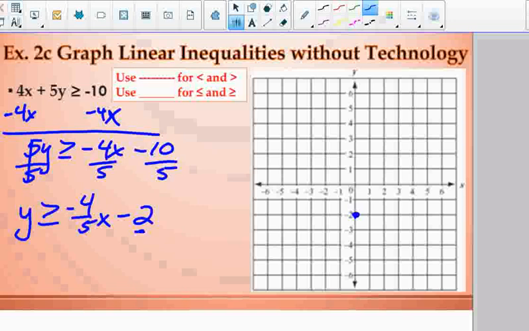So if I go up 4, 2, 3, 4, to the left 5, 1, 2, 3, 4, 5, this is where my second point will be. Now I can draw a line to connect the two. And again, it's greater than or equal to, so that means I have to use a solid line. So I'm going to draw a solid line here.